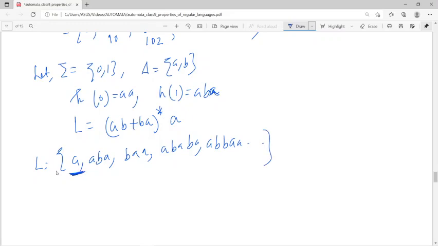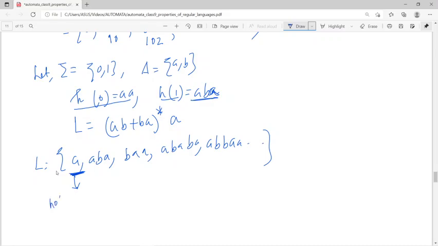You just think that if we define h0 as aa and h1 as aba, that is not possible. That means the inverse homomorphic image is not possible, because the minimum length that is given is 2. That means you cannot replace a with any string of zeros and ones.